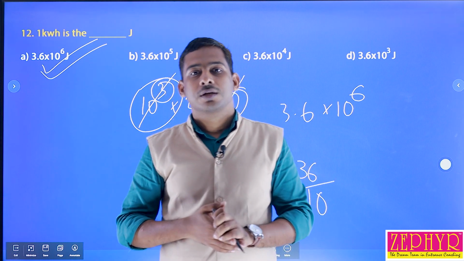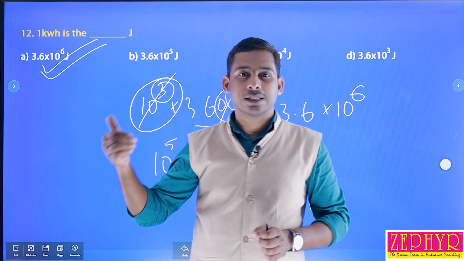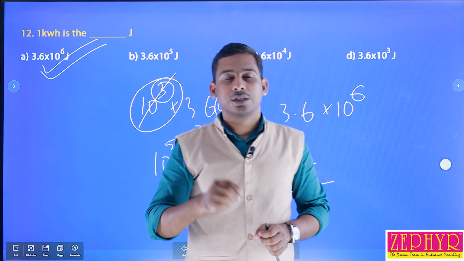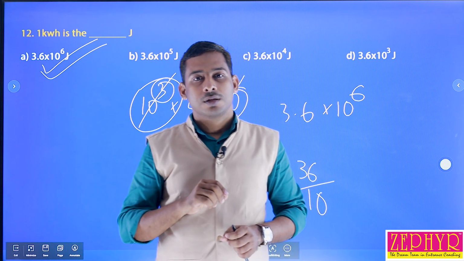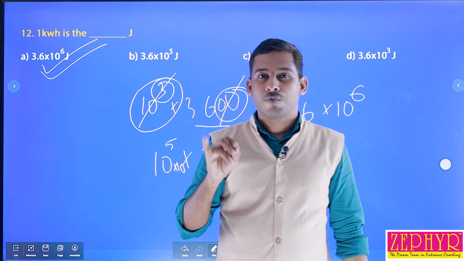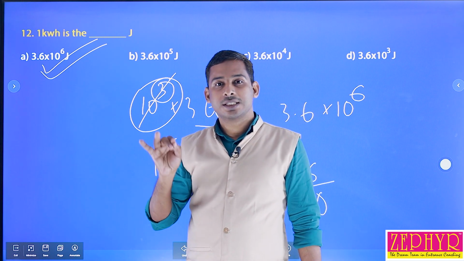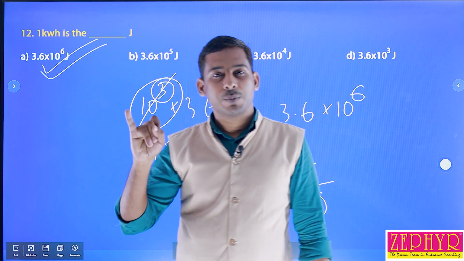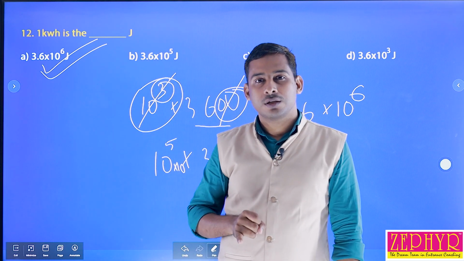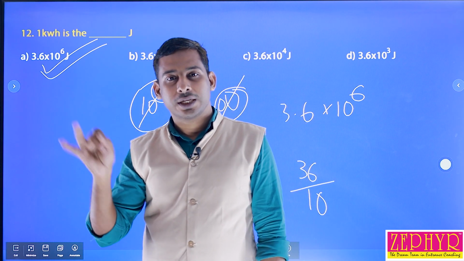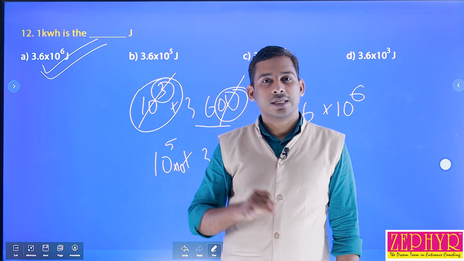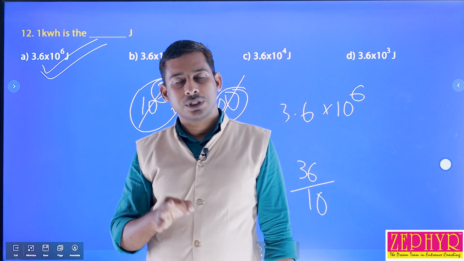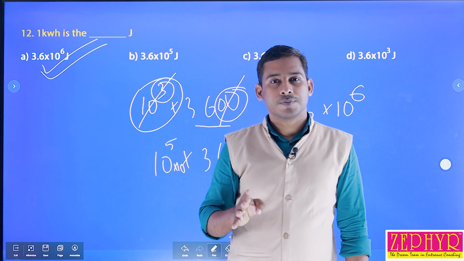So, students, right now we have successfully completed the 12 questions related to the lesson work, energy and power. When you are learning the theory, keep in mind the definition of work, its types, positive work, negative work, its equation, its SI unit, its CGS unit.